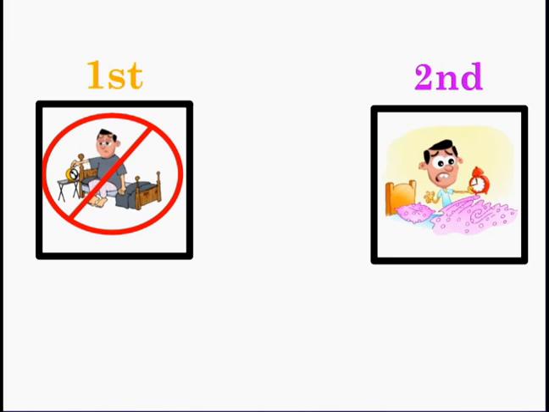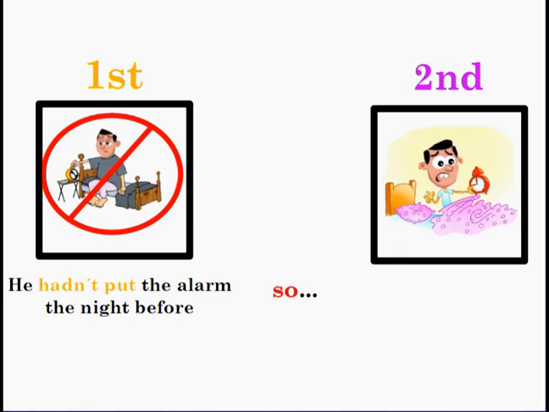So if I'm going to use my grammar in the correct way, I'd say something like this. He hadn't put the alarm the night before, so he woke up late. Again, using the grammar of the past perfect, he hadn't put the alarm the night before, so he woke up late.